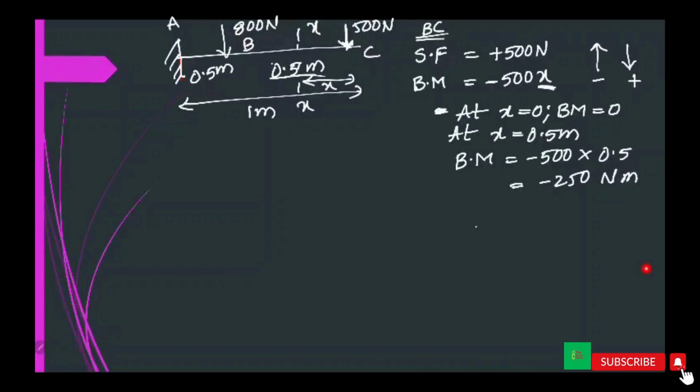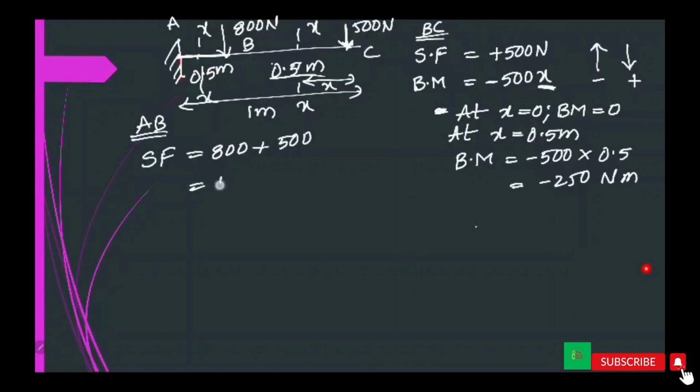Next, at any section in AB, considering this also X, shear force for AB equals 800 plus 500, that is 1300 Newtons.